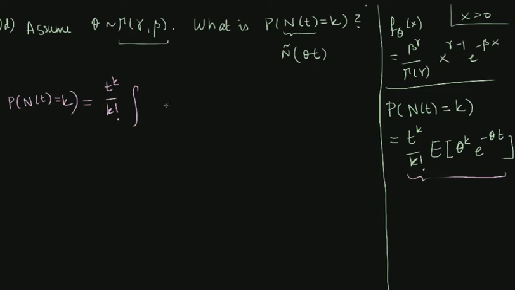Well, let's just use x, because that's also what they use in the PDF solution, and then it's easier for you to follow. So this is x to the k multiplied by e to the minus xt, and the gamma density goes from 0 to infinity, and I plug in the expression as well: beta to the gamma divided by the gamma function evaluated in gamma, x to the gamma minus 1, e to the minus beta x dx.